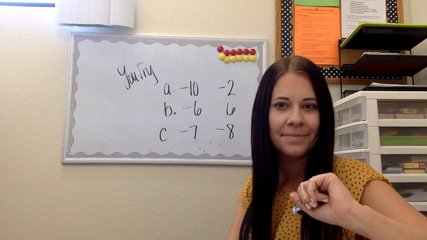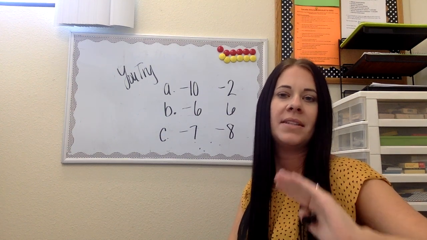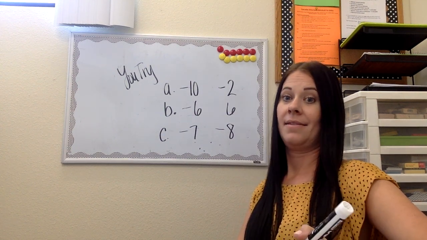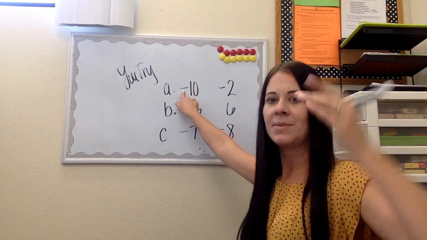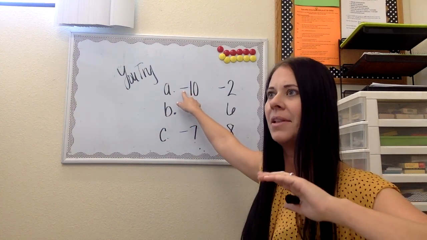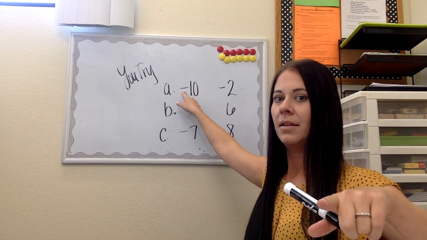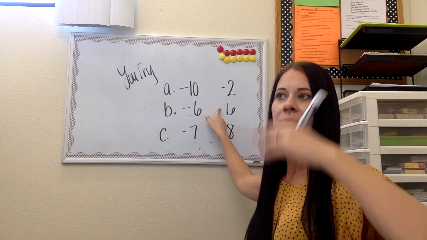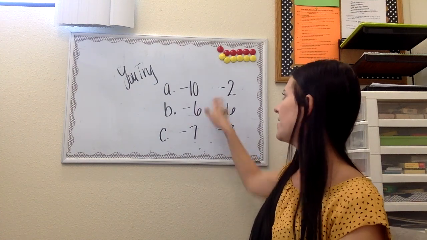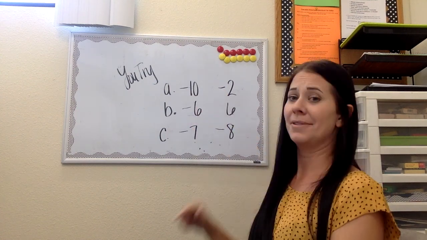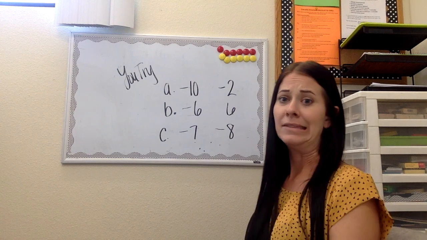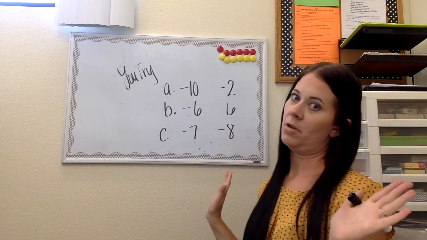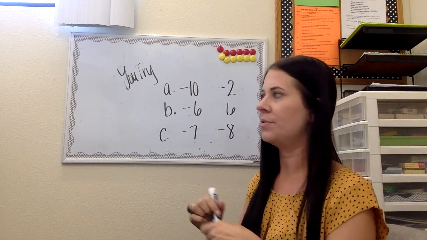Okay. I want you to think about these numbers as money. And when you have a negative, because we know it's a loss, think about losing that money. When we have a positive, think about having that money in your pocket. So to compare these two, really ask yourself, would you rather lose $10 or $2? I'd rather lose no money, but I'd rather lose $2.